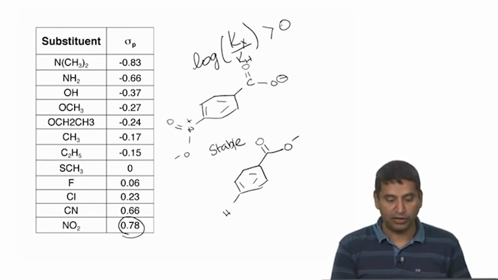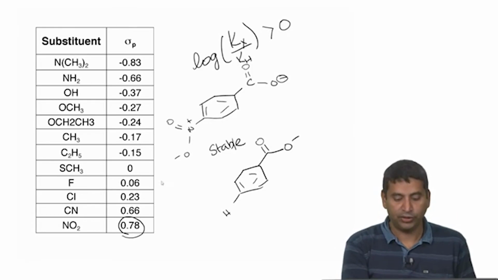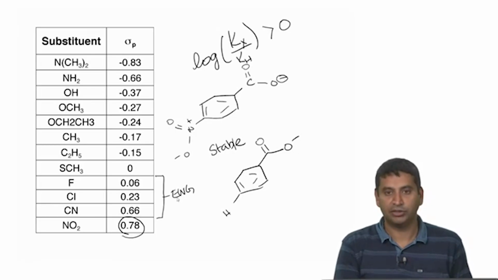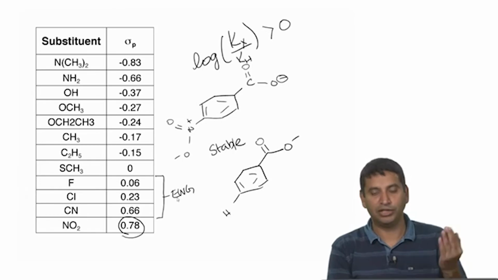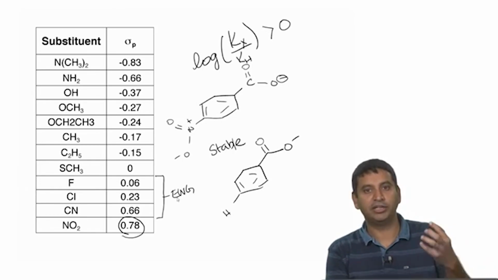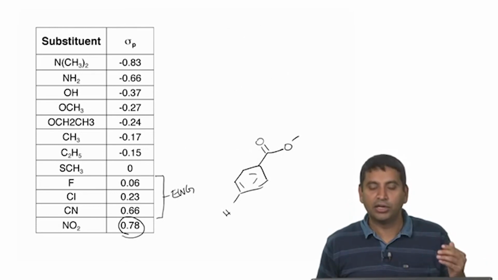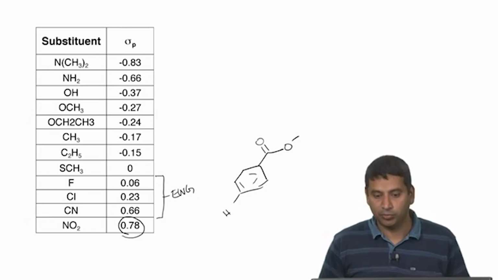The value for 4-nitro is 0.78, and as you can see here, there are a bunch of electron withdrawing groups, and all these values are somewhere in the positive region. Cyano is a very good electron withdrawing group; chloro and fluoro, by electronegativity, are quite good at pulling electrons towards themselves.